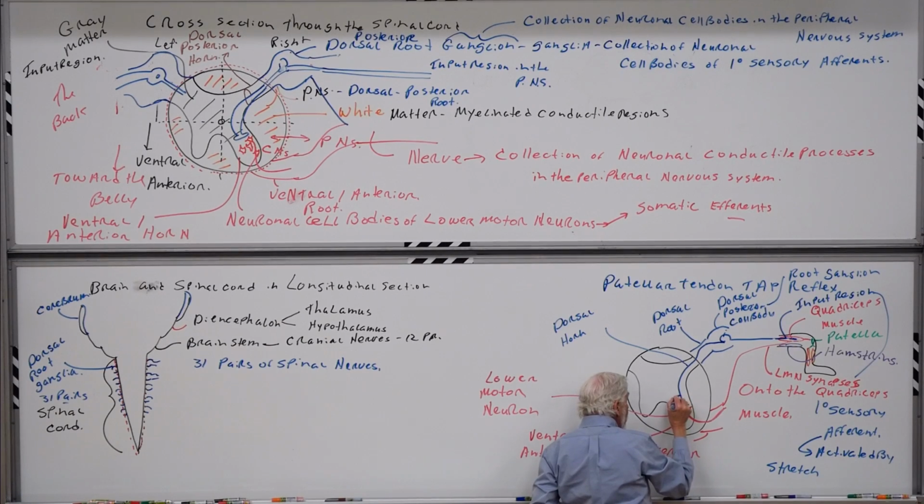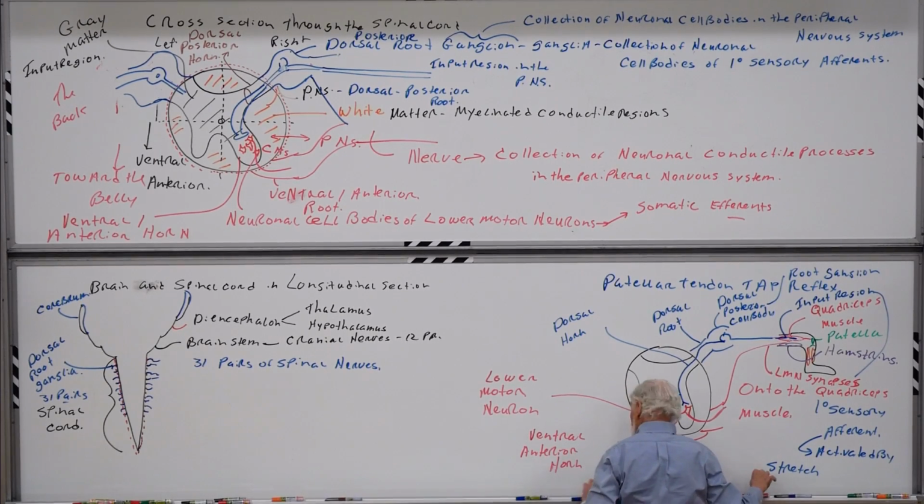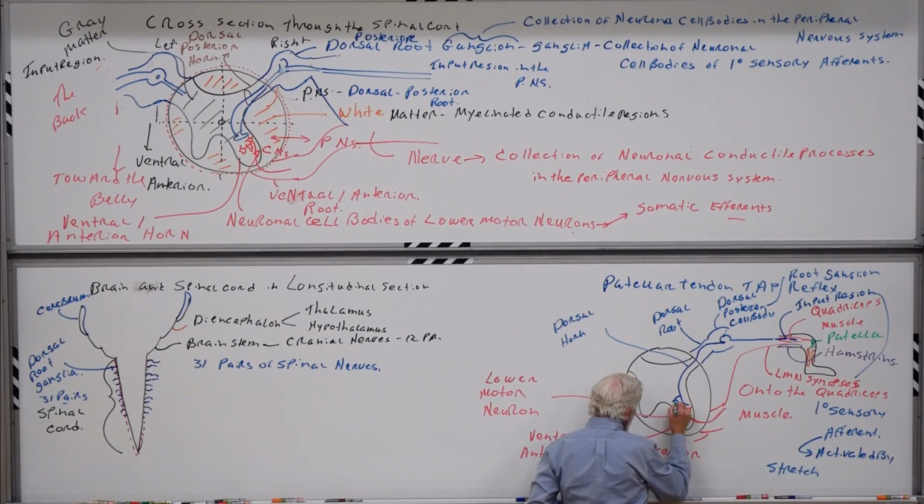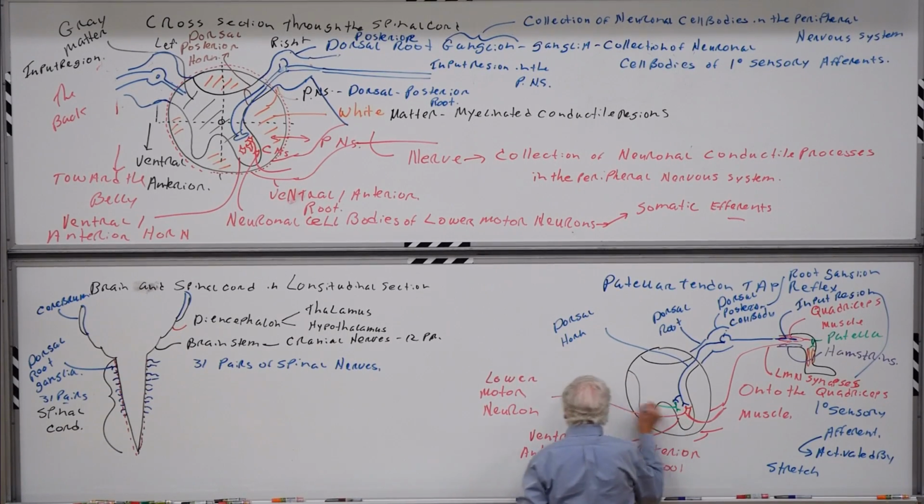So here's a branch of the primary sensory afferent. It synapses onto this green interneuron. The green interneuron is inhibitory.